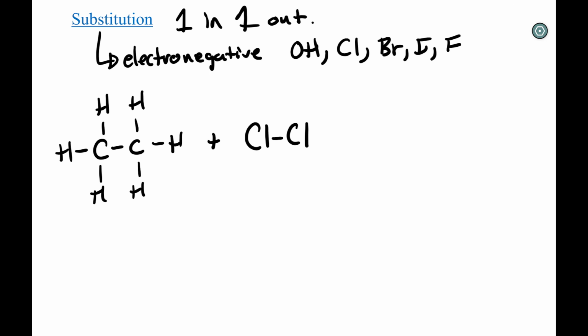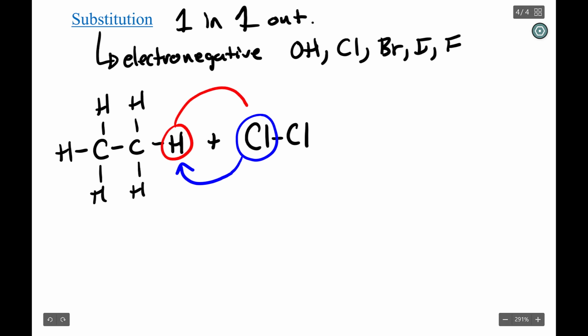What would happen is one atom in this small molecule of Cl2, so one of the Cl's, would substitute in and replace one of the hydrogens, and they would come out, leaving you with two new compounds that differ essentially by one atom. So I'm going to say this Cl comes in and this H comes out.